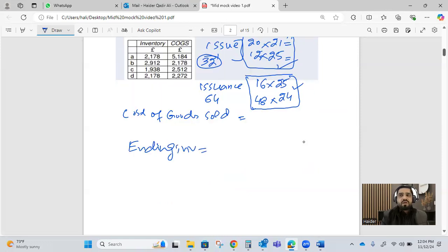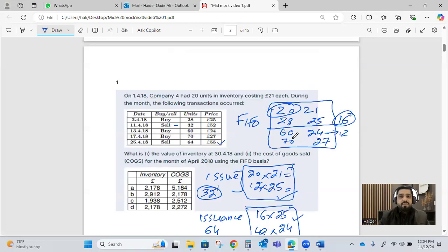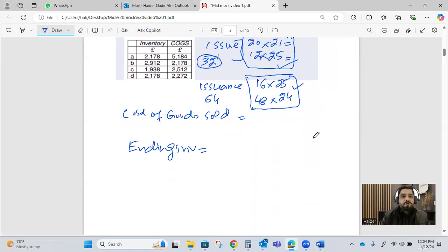Ending inventory, how to calculate that? Look at this value: 12 units from this slot, and the 70 units are not consumed yet. So 12 times 24, because these are the units left with us, and 70 units left at the rate of 27 each.